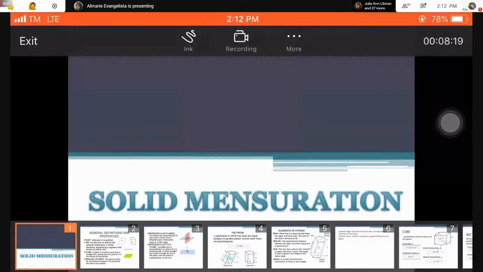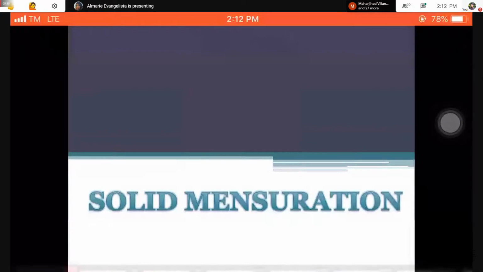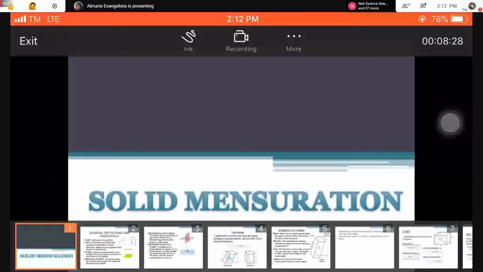So, a solid whose faces are plain polygons is a polyhedron. Familiar ba kayo sa polyhedron? Or ngayon nyo lang siya narinig? Mamaya, matatalakay natin siya after nito.